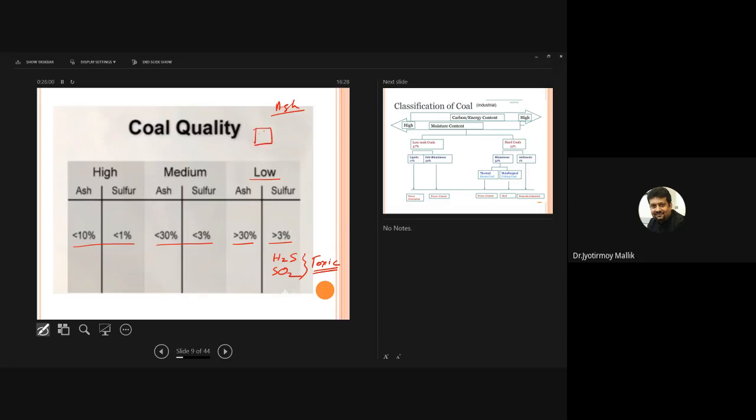Okay, this is my coal, and then I burn it. All the hydrogen and carbon component will form CO2 and H2O, and will leave the system. But whatever will be left is ash, literally ash, okay, that is nothing but the inorganic matter.